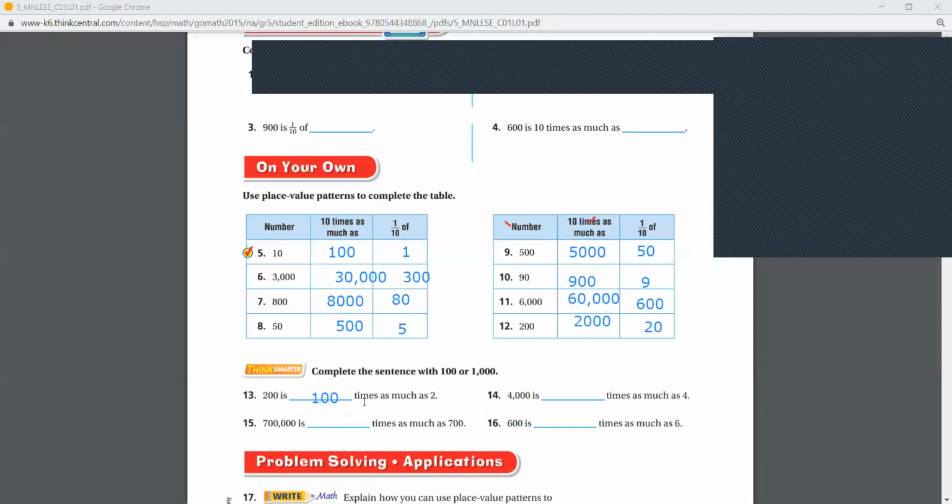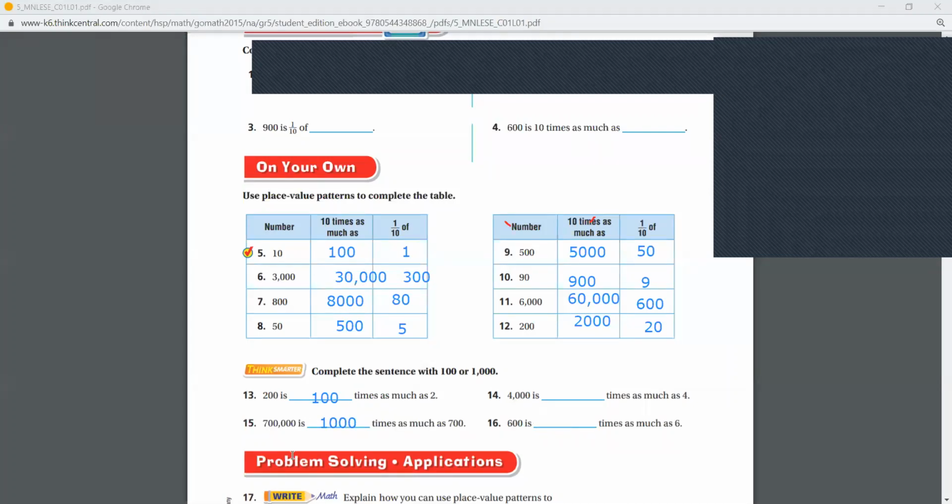So you have to multiply by 2 to get 200. 700 is here. How much should I multiply with to get 700,000? How many zeros extra? There are 2 zeros. How many zeros more you need? 1, 2, 3. So it has to be 1,000.